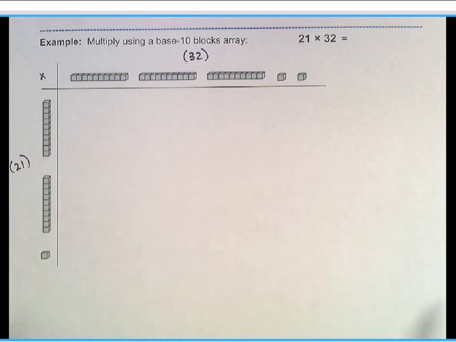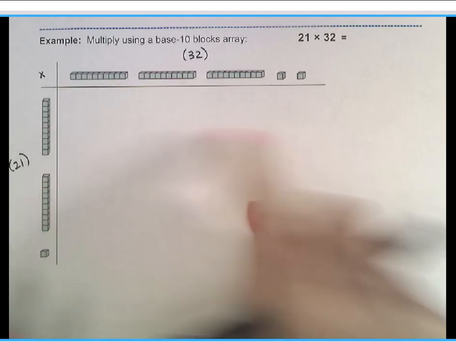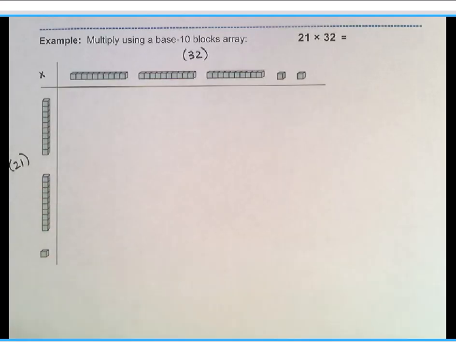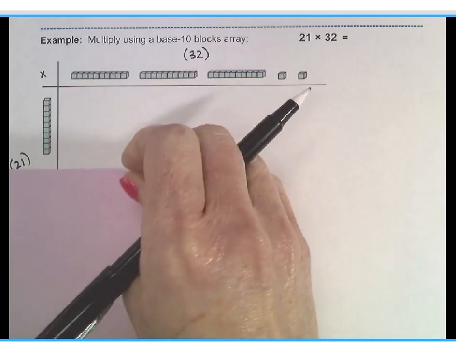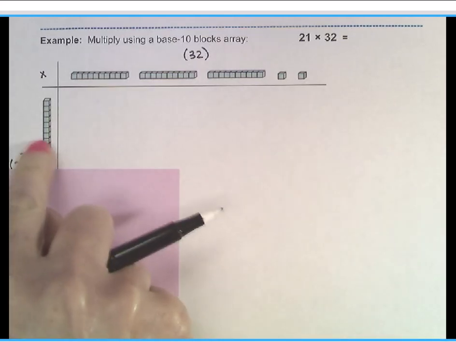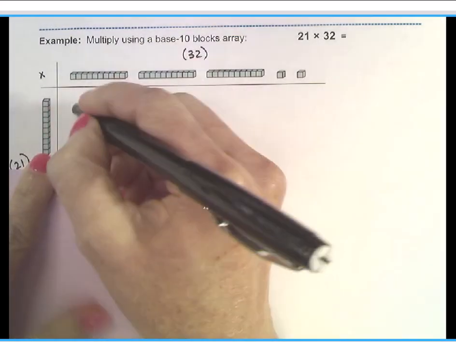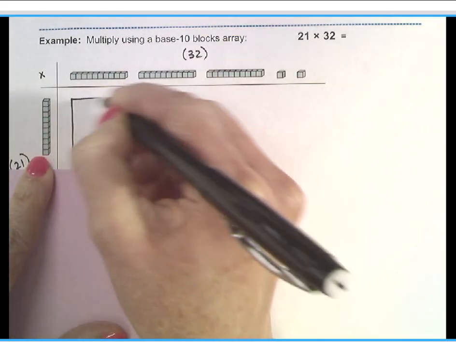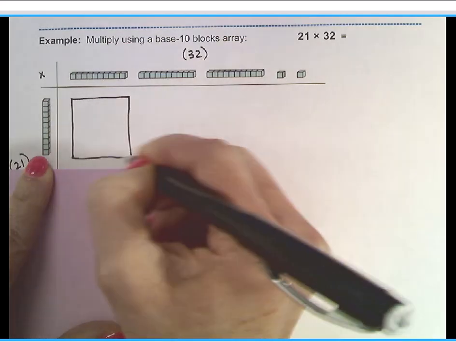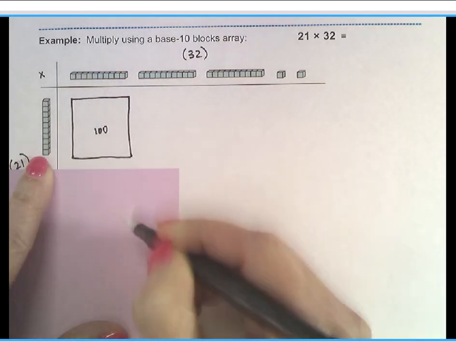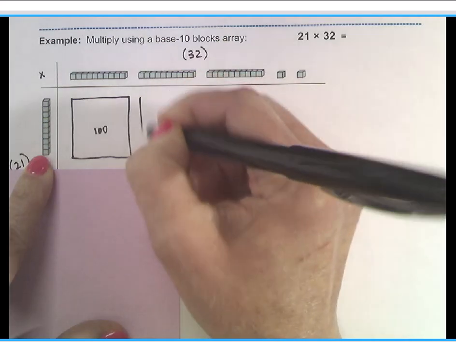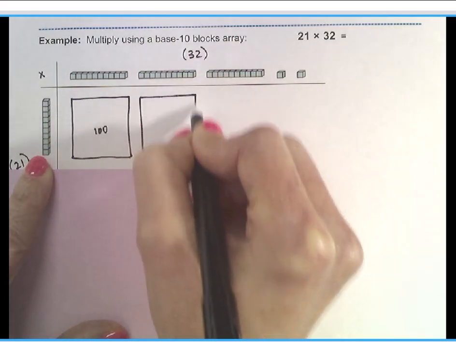All right. So I don't think my base 10 blocks would actually fit nicely on the picture, so I'm just going to draw these. So we're just going to go kind of one at a time. I'm going to cover up this part for right now. I'm just going to distribute the 10 across here. So 10 times 10 is 100. Kind of try to draw it to scale here. So that's 100. And then 10 times another 10, that's another 100.